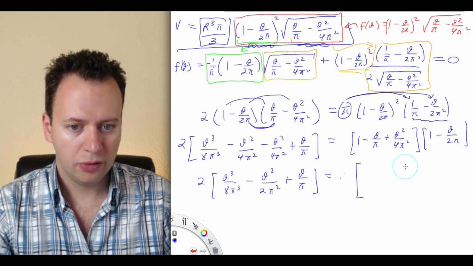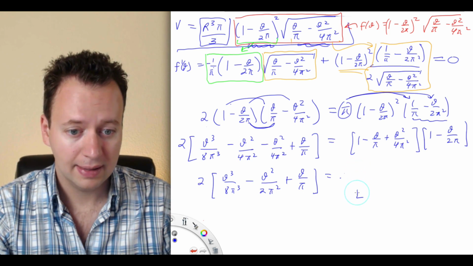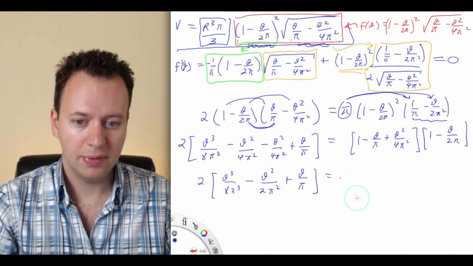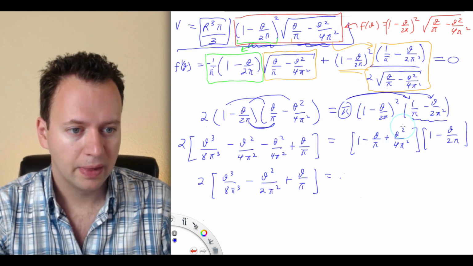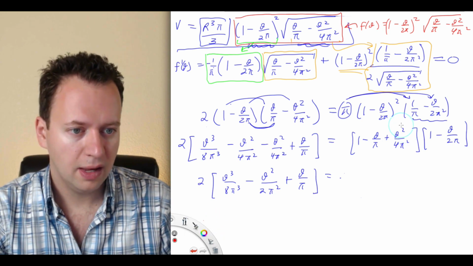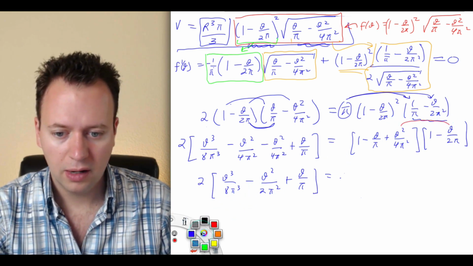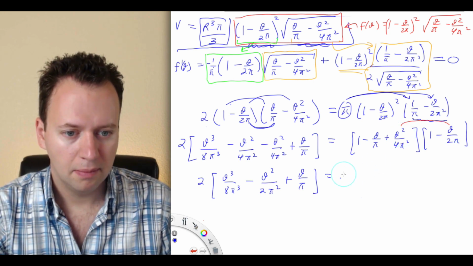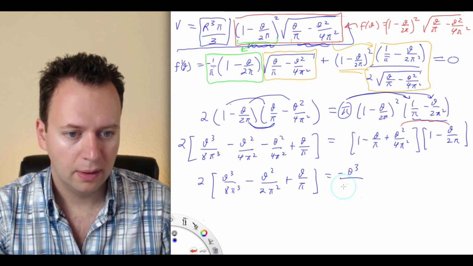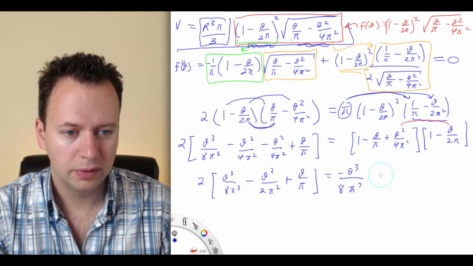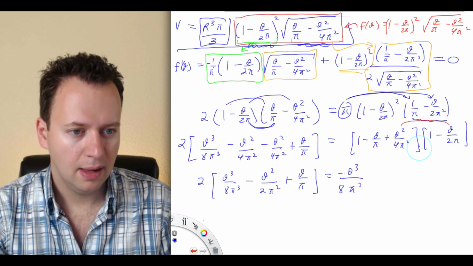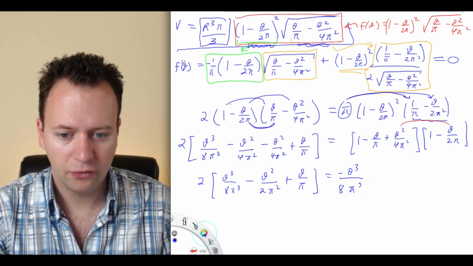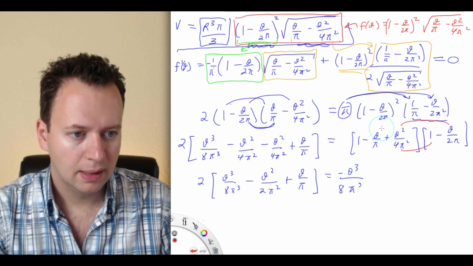So then the whole thing, now if we're lucky, which we might not be, but if we're lucky, the theta something will cancel out and we'll be able to actually solve this. Okay, so the theta cubed term comes from here. So the theta cubed term on this side is going to be minus theta cubed over 8 pi cubed. Okay, and then for theta squared, it's going to come from this and from that.